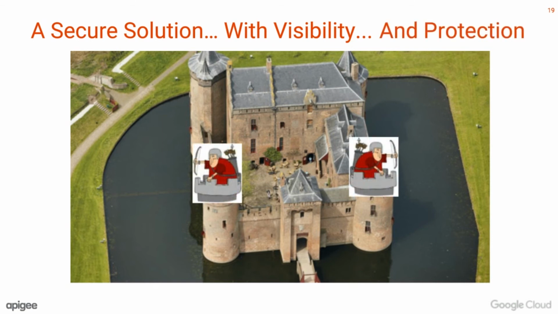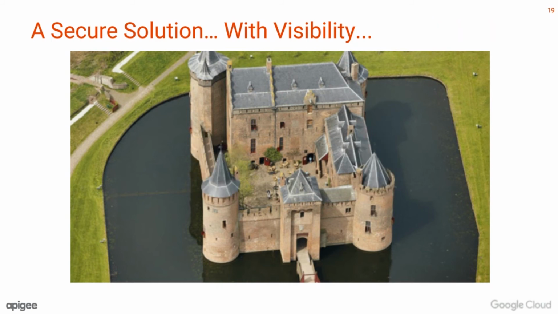Once you have that visibility and you identify that somebody's attempting to attack you, you have the ability, with automated rules, to set up how to handle that traffic. Do you want to block it? Do you want to flag it and treat it specially? This is a much better way to run your API program: have the greatest amount of visibility you can and know about attacks really early.